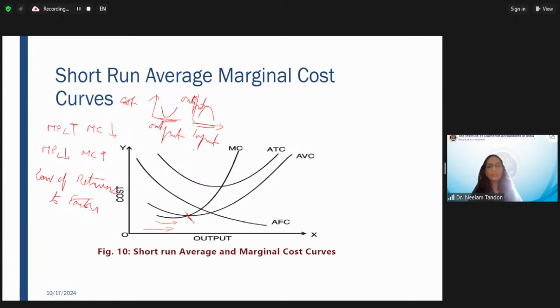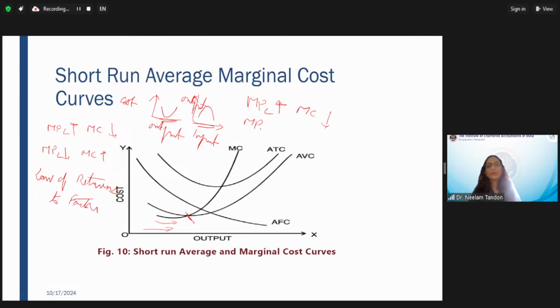Now, what is the relationship between marginal cost and average cost? AFC you have understood. Why is AFC downward sloping? Marginal cost is U-shaped. Why is marginal cost U-shaped? Because of the law of returns to factor. As long as the marginal product of labor is increasing, marginal cost will decrease.